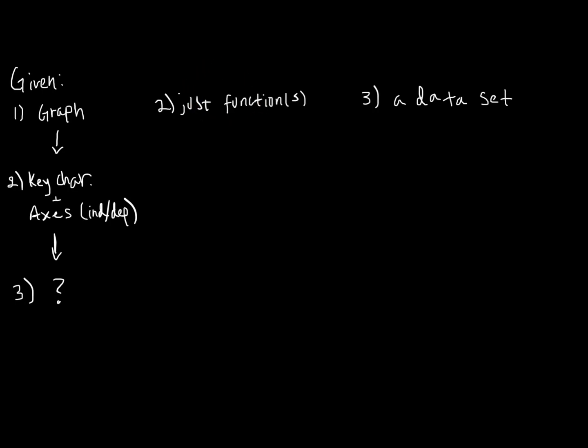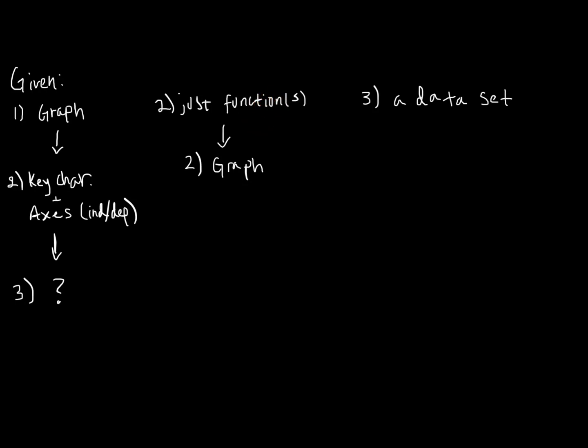All right, for given a function: if we're just given the function or functions, there's a couple of different things we could do. If we're just given a function on its own, what we'll need to do is create a graph, right? So the next step is to graph it. And once we've graphed it, we have a graph, key characteristics and axes, and then we answer the questions.